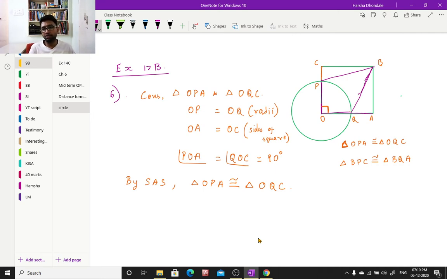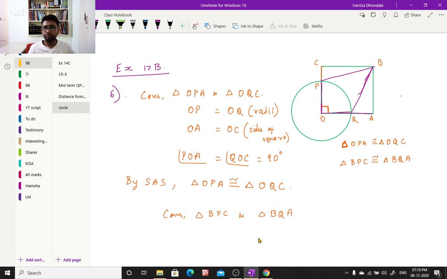I need to show that these two triangles are also congruent. How can I prove that? Again, I will just write, consider these two triangles. Consider triangle BPC and triangle BQA.